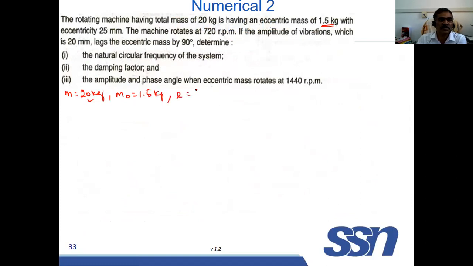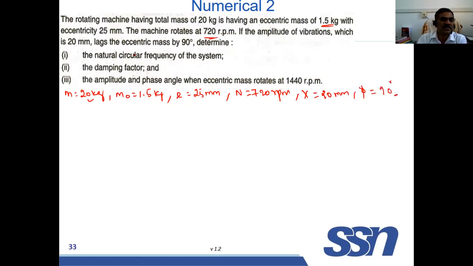Eccentricity e is equal to 25 millimeters. N is equal to 720 rpm, the rpm at which the machine rotates. Amplitude of vibration X is equal to 20 millimeters. And phi, the phase angle difference, is 90 degrees.